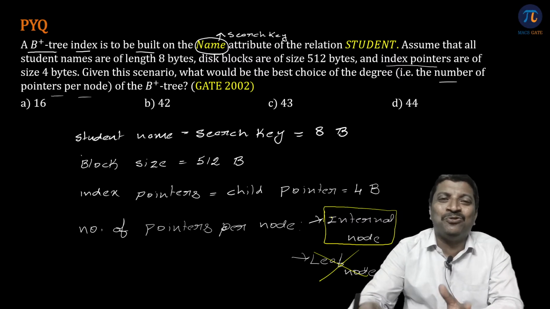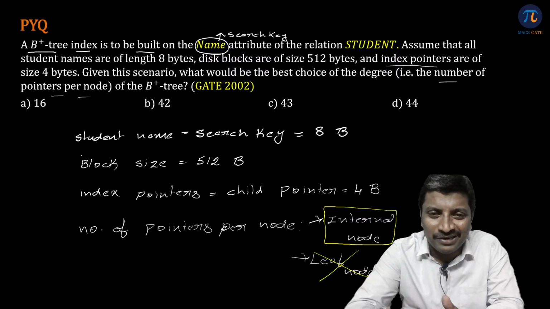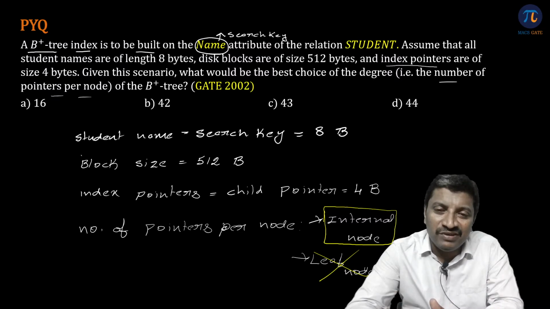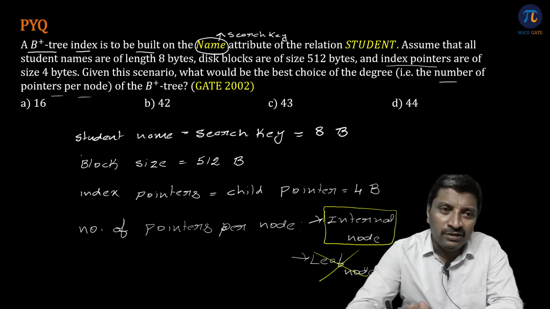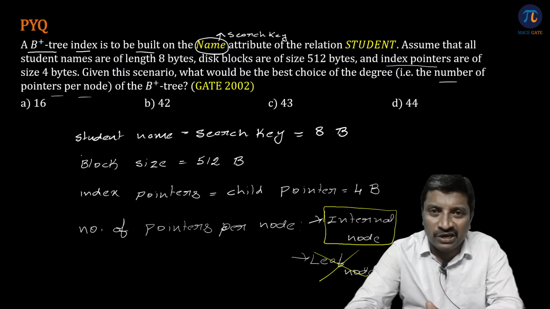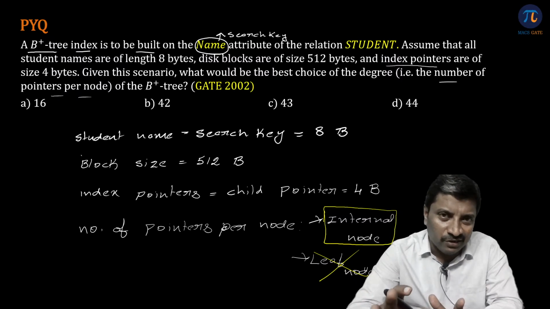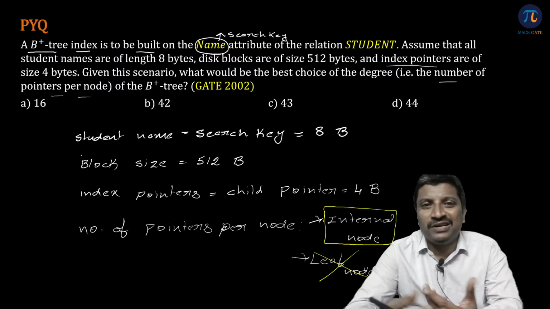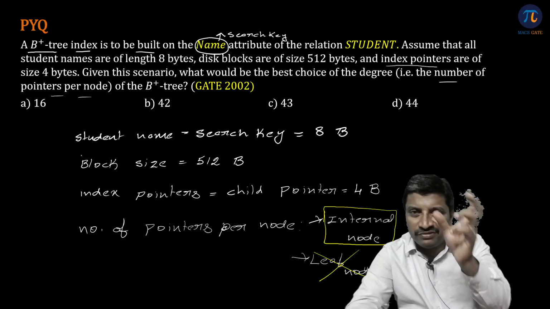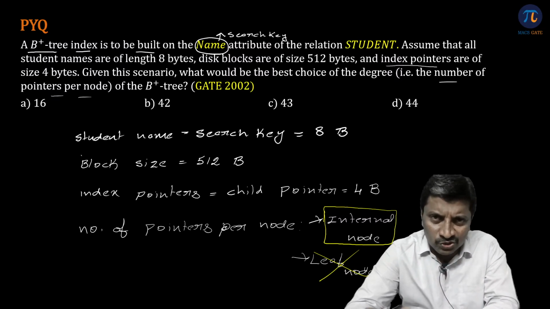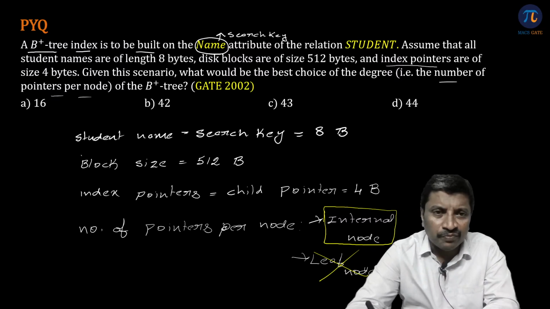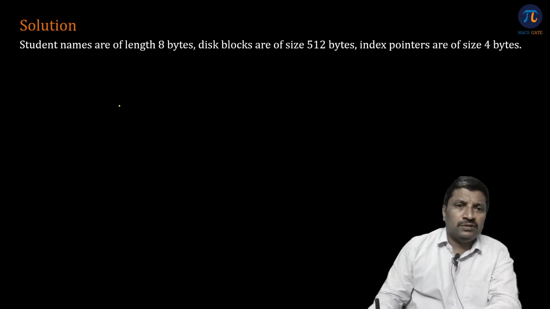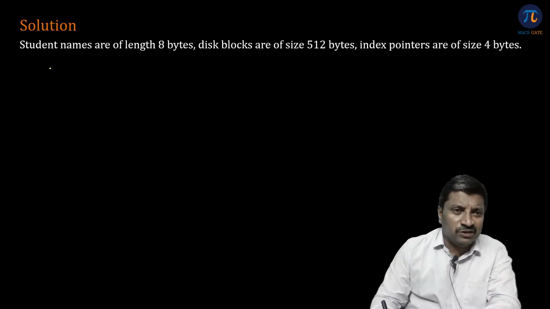Sir, I also don't know what the intention is in their minds, but based on the given data, I am assuming that they raised the question about the internal node and we are solving for the internal node. I don't know whether it is the exact intention of the question. So let us do it. Now we are discussing the internal node, right?